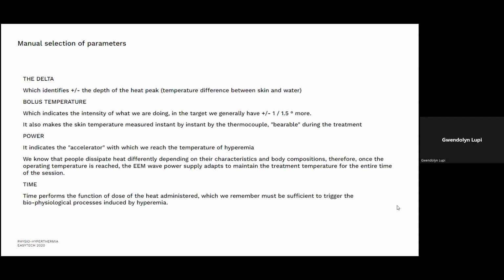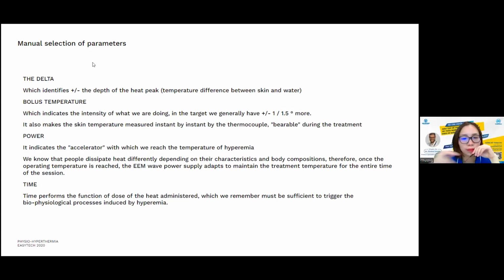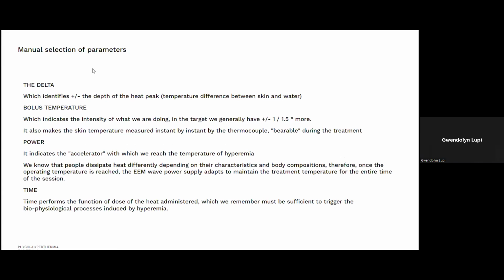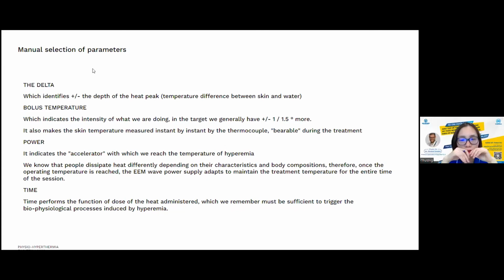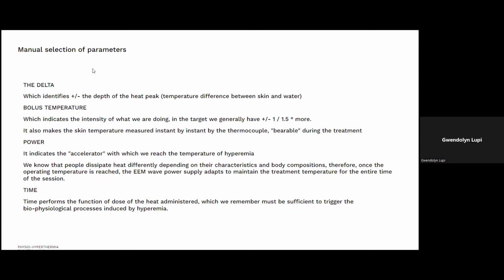In any case, on the benefits of hyperthermia, you can find a huge amount of evidence on the internet. We can also provide you some scientific abstracts and something like this. I think it makes sense to start making some practice with the machine, and then even if you have some written questions, we can try to answer them.